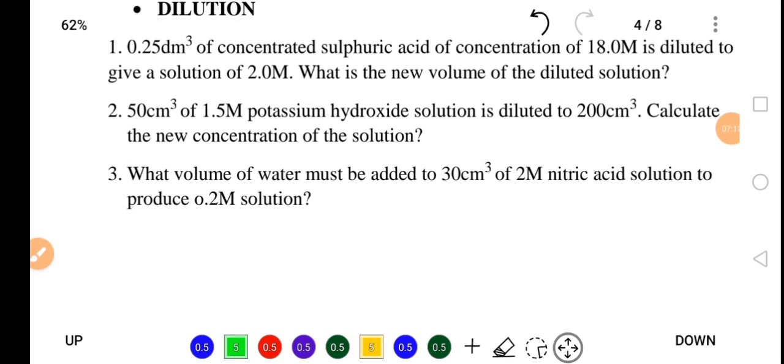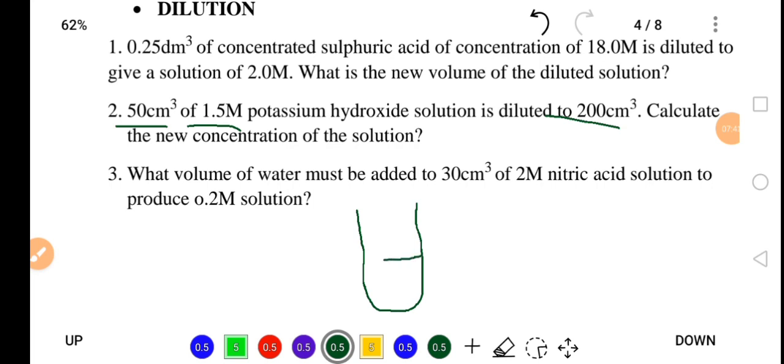Question 2. 50 centimeter cubic of 1.5 molar potassium hydroxide solution is diluted to 200. Calculate the new concentration of the solution. Here your thinking should be like this, my dear learners.